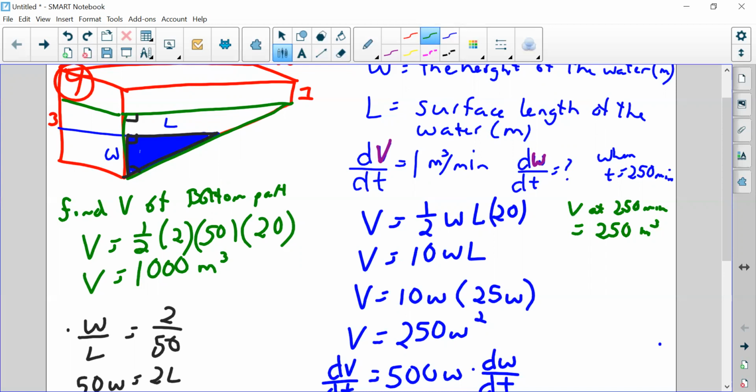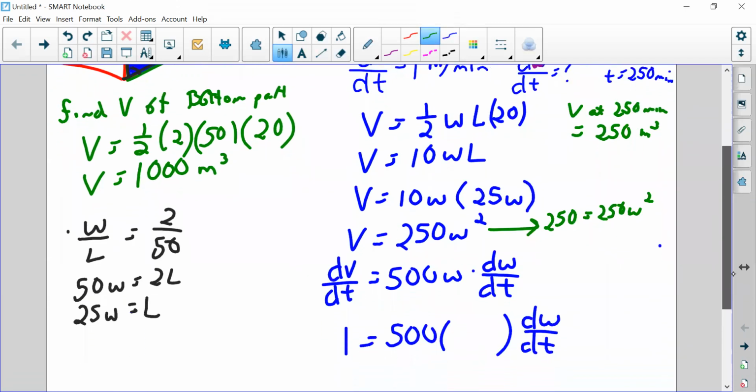Okay, how does that help me? We can take V is equal to 250W squared and replace V. So the instant we're looking at, we can replace that V with 250. And we can solve for W now. The instant we're caring about is the 250 minute instant.